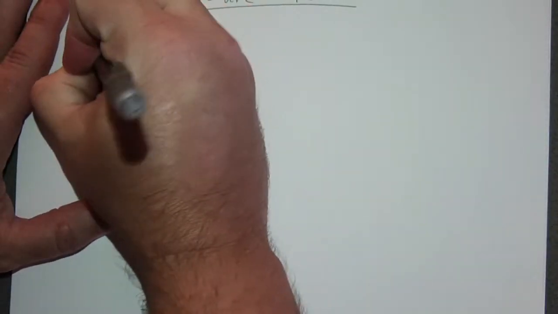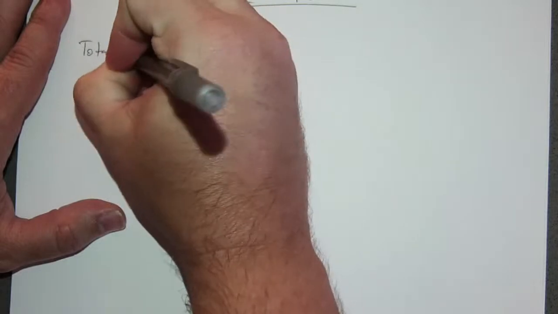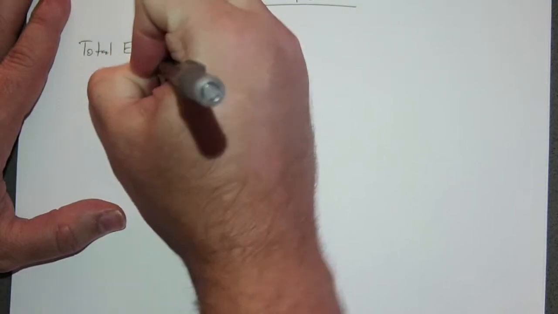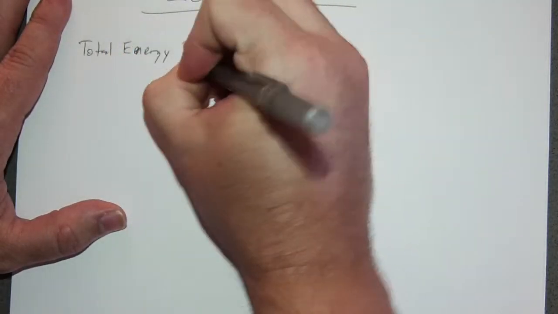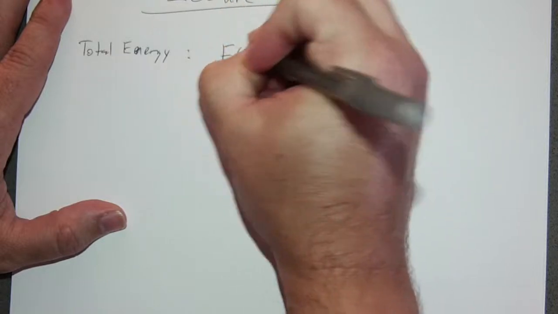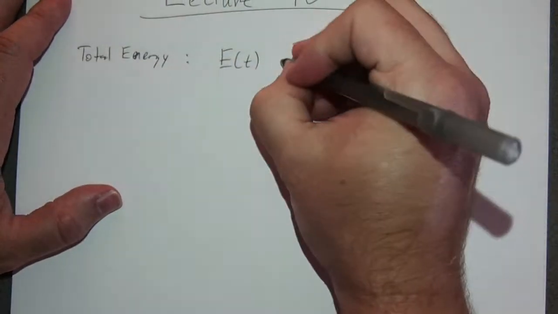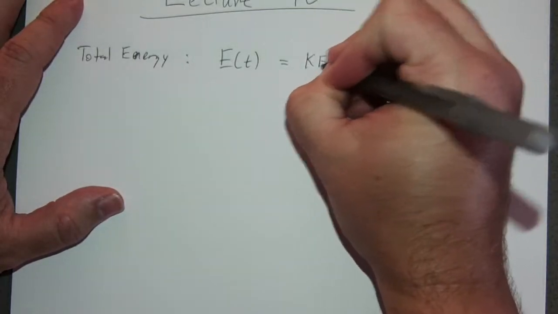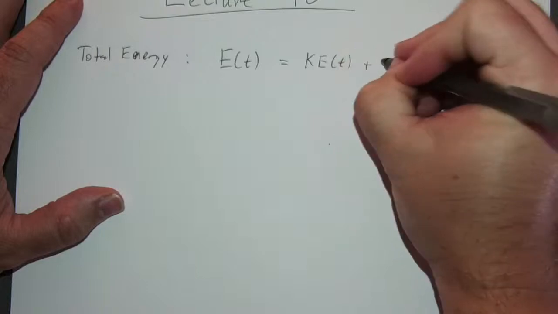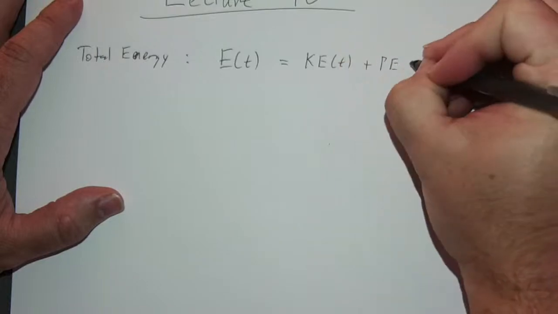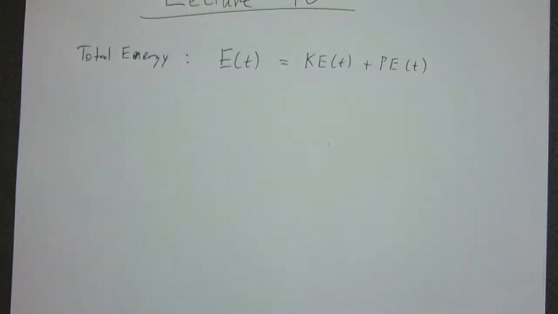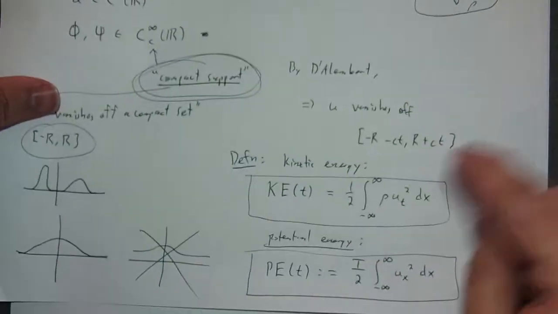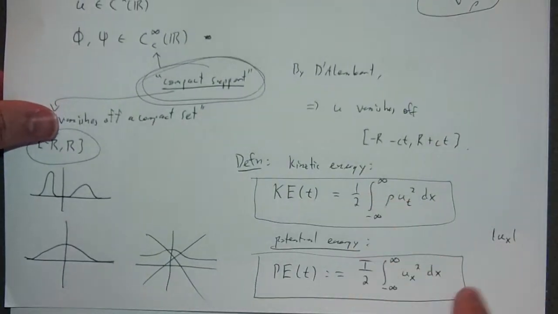Total energy is E of t, which is defined to be the sum of the kinetic energy plus potential energy. Okay, writing these together, so there they are on the screen again.